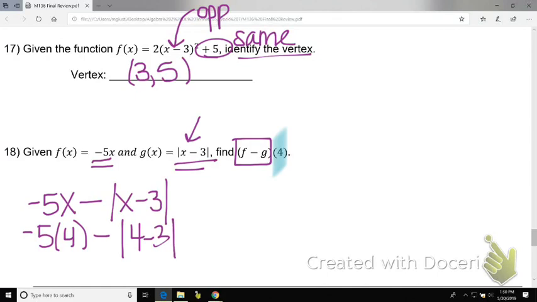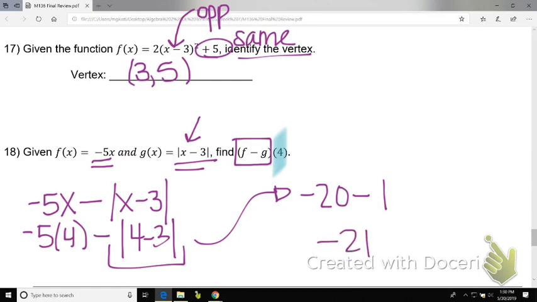So what is negative 5 times 4? Negative 20 minus, and we can do this in our head. What's 4 minus 3? 1, and what's the absolute value of 1? 1. So we're doing negative 20 minus 1, which is negative 21.